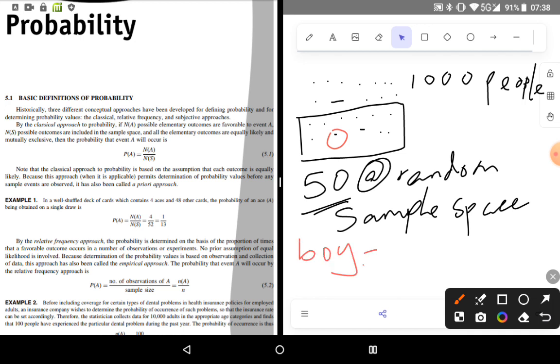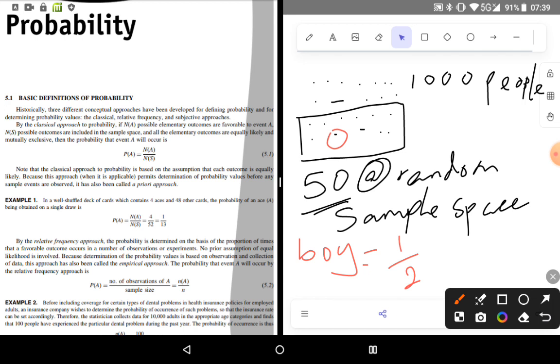In the sample space we have both male and female, right? So the probability that that person will be a boy will be 1 out of the 2 chances, because we only have 2 chances in that case, that the person will be a boy or a girl. So 1 out of those 2.